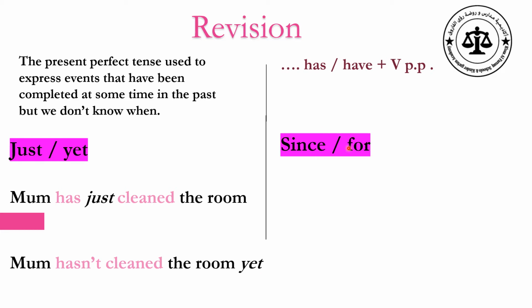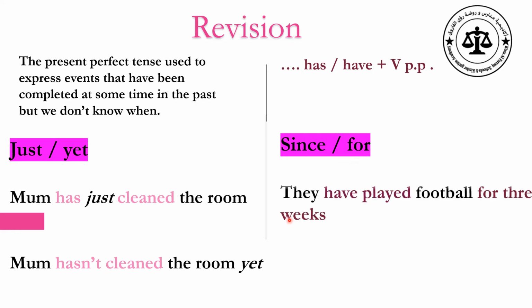What about since and for? We said that since is used to express the starting point of the action, but for indicates a period or duration of time.